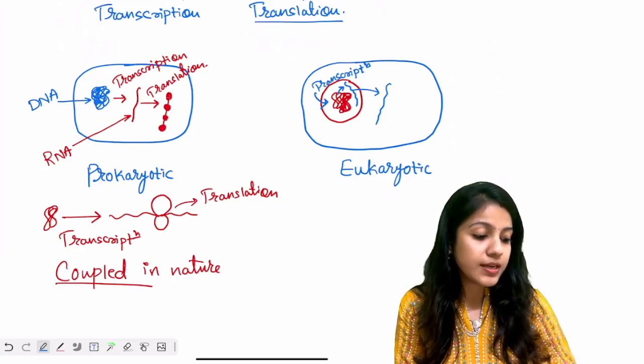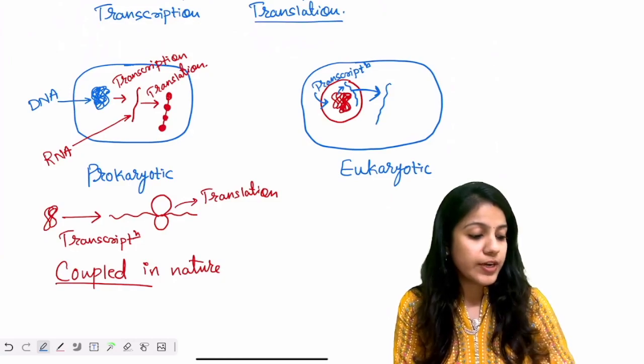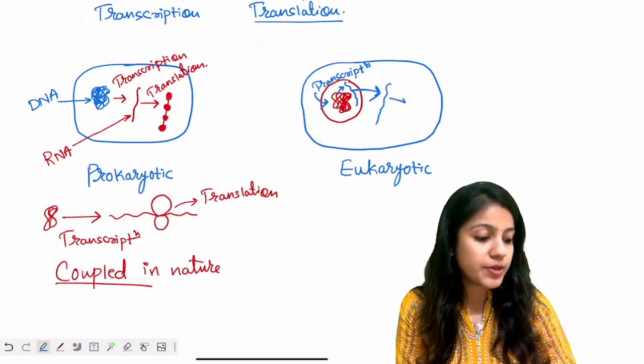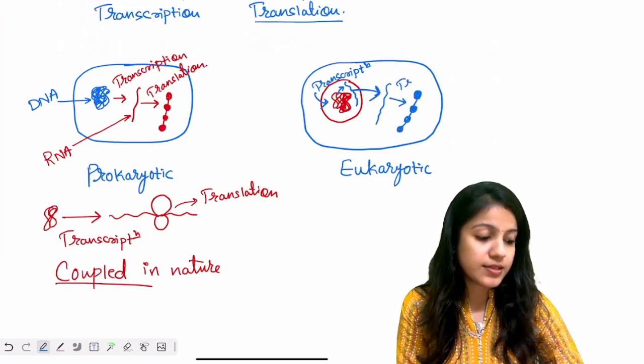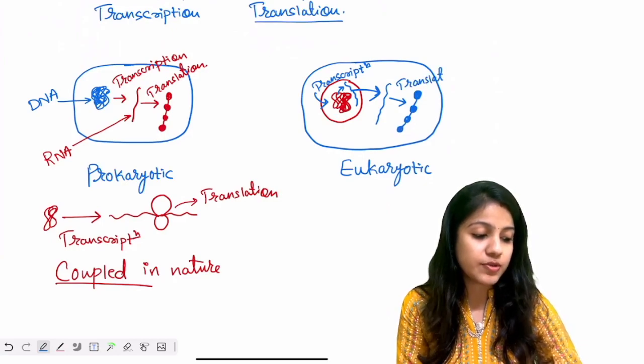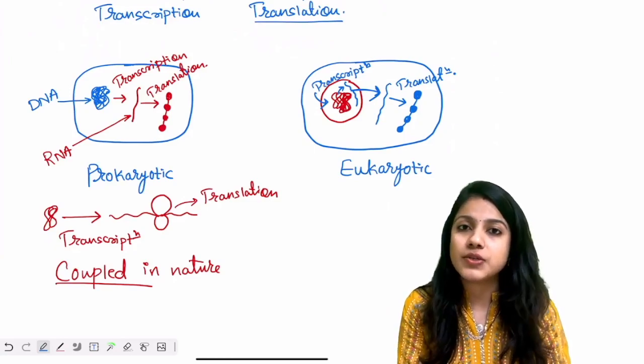So now this RNA came out of the nucleus through the nuclear pore. Now this RNA will be used for the formation of proteins. So protein formation is happening here in the cytoplasm. That means the translation process is happening in the cytoplasm, whereas transcription was completed in the nucleus.